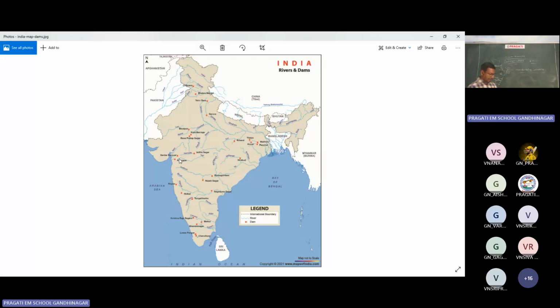Manufacturing industries, you can find 1 mark and 2 mark questions. 1 mark, 2 mark, as well as one map pointing also. You can find a map pointing item.